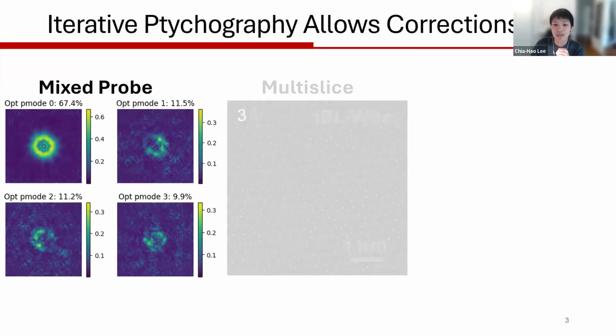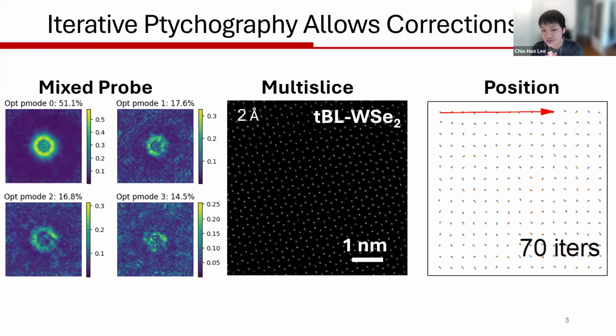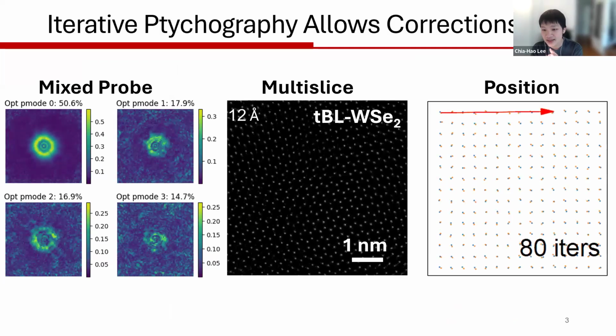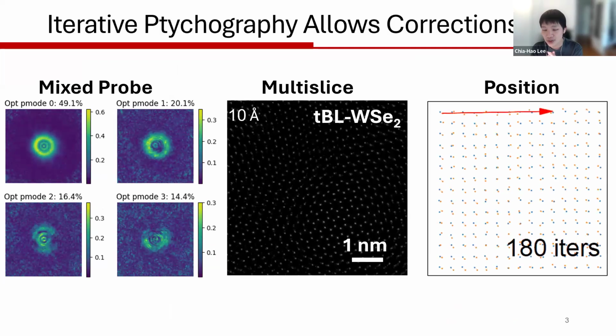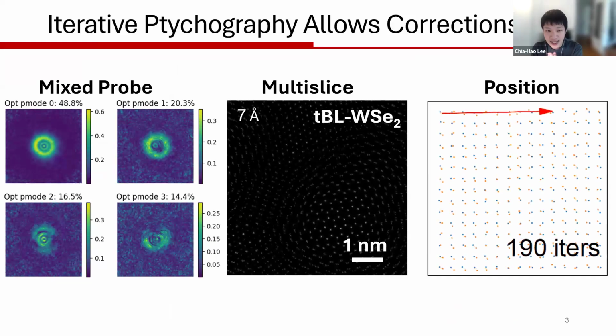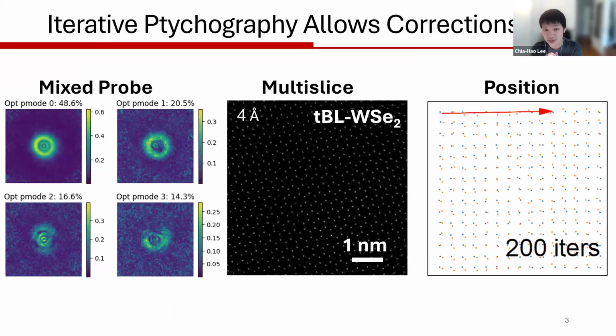The good thing about iterative ptychography algorithms, I'm sure most people are already aware, is that they allow us to do a lot of these fancy things that you cannot do with direct ptychography. For example, you can easily handle partial coherence and other experimental errors using mixed probe modes.